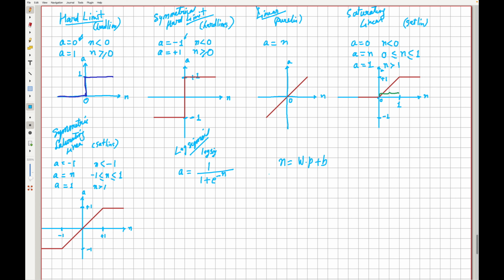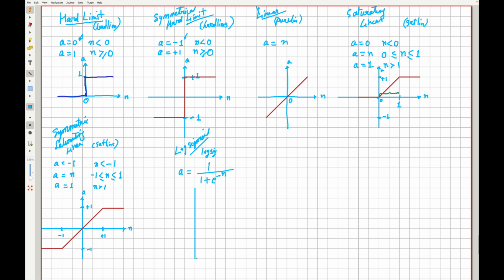So essentially we are saying that this is going to be 1 plus e raised to the power minus (wp plus b). That's what this transfer function would use to calculate.